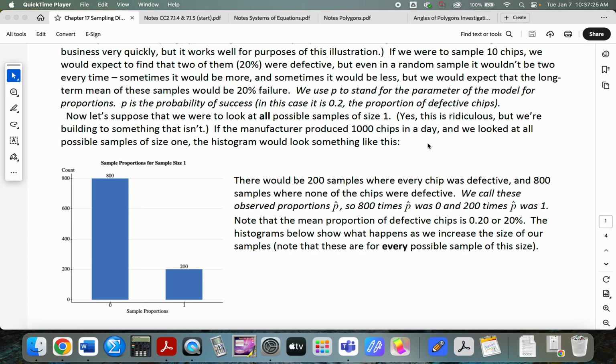And if we're looking at all the possible samples of size 1, there's going to be 800 samples that have 0 defective and 200 samples that have 1 defective, right? And again, yes, I know that's ridiculous, but we're kind of building to something that's not ridiculous. Okay?